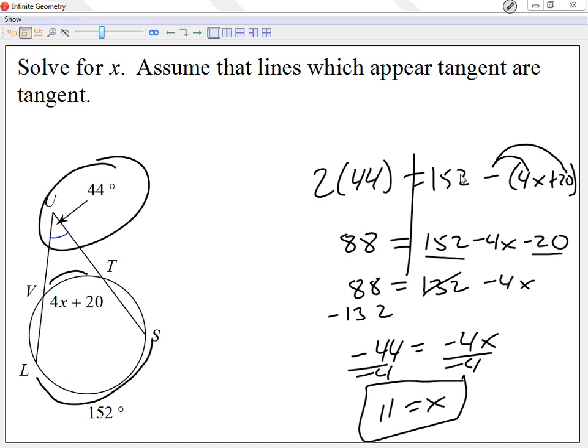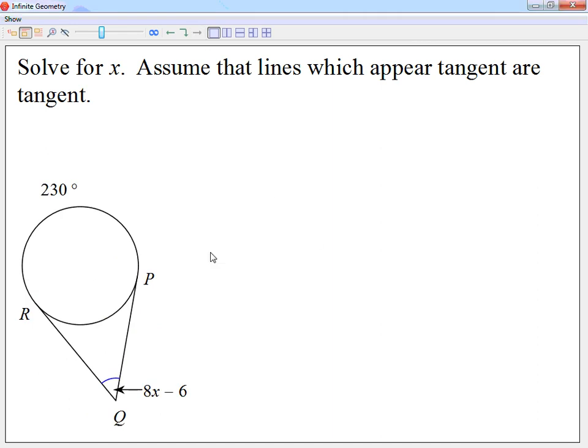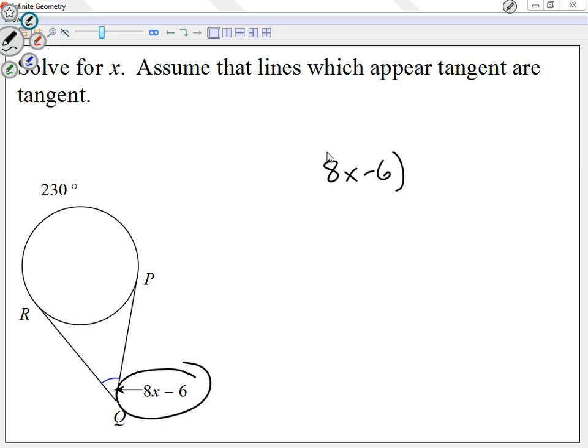Just a little recap. Here, when I was subtracting the arcs, the little arc, 4x plus 20 in this case, had a plus or minus in it, that's why I put it inside parentheses. All right, let's take a look at our last example. My angle is 8x minus 6. So 8x minus 6, that's the angle, and I have to multiply everything by 2.